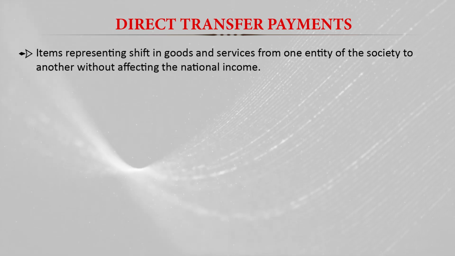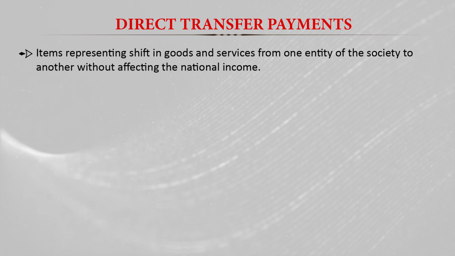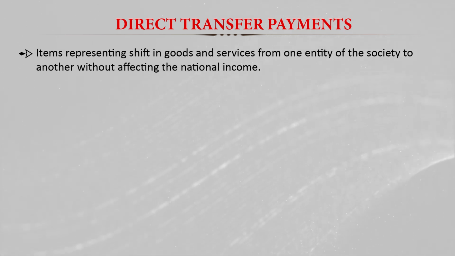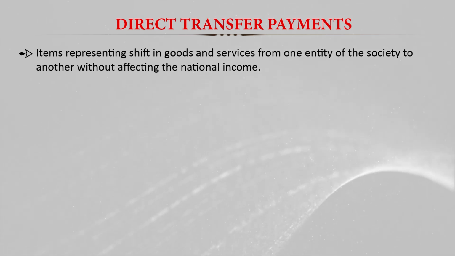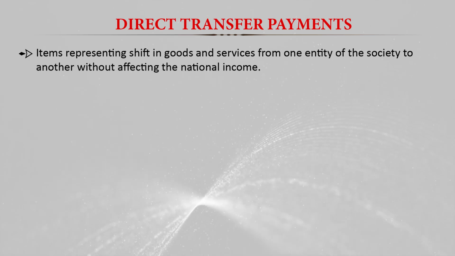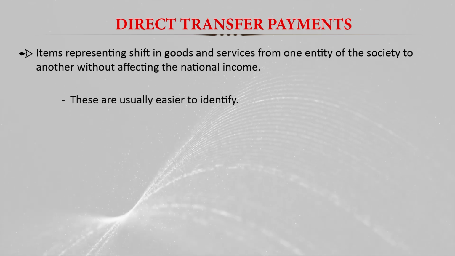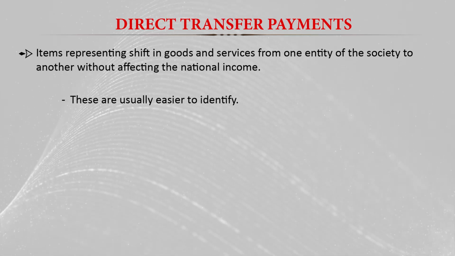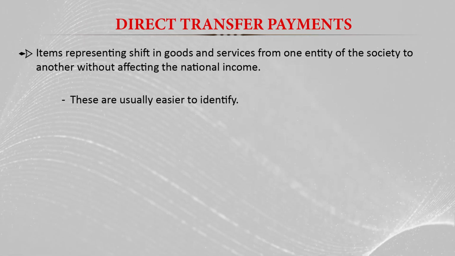Now we will come to the third part of this presentation, that is the direct transfer payment. These are the items which represent the shift in goods and services from one entity in the society to another entity without affecting the national income. Suppose I have 100 rupees, and I give that 100 rupees to another person for his or her use.